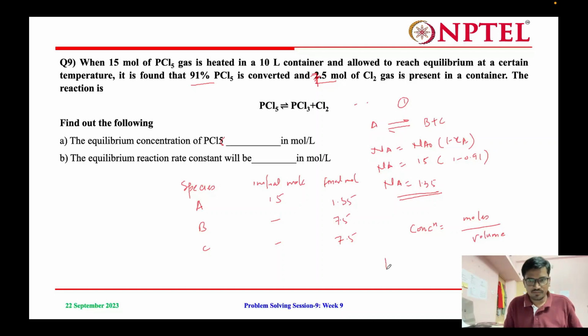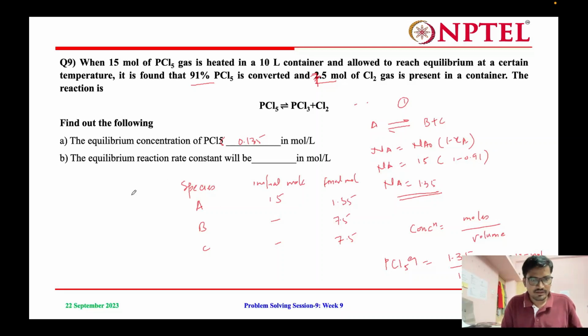So PCl5 equals 1.35 divided by the volume of 10 liters, which is 0.135 mole per liter.